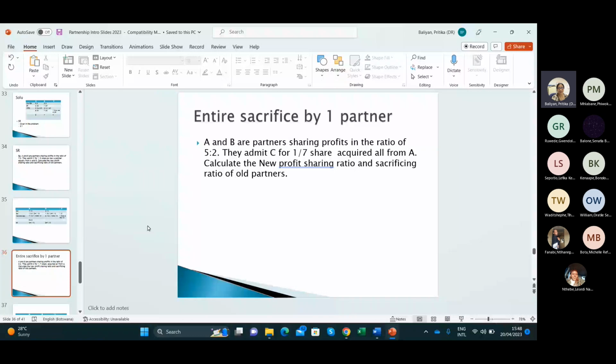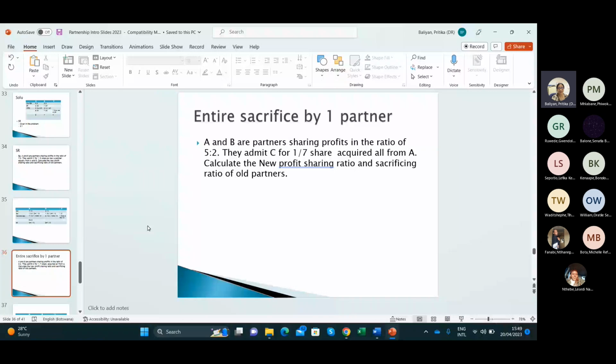Sometimes the partners agree that in future, if any new partner joins, not all partners' proportions will be affected, because maybe their contribution is higher. Only one partner shares his proportion with the new partner. In this situation, how do we calculate the new profit sharing ratio?